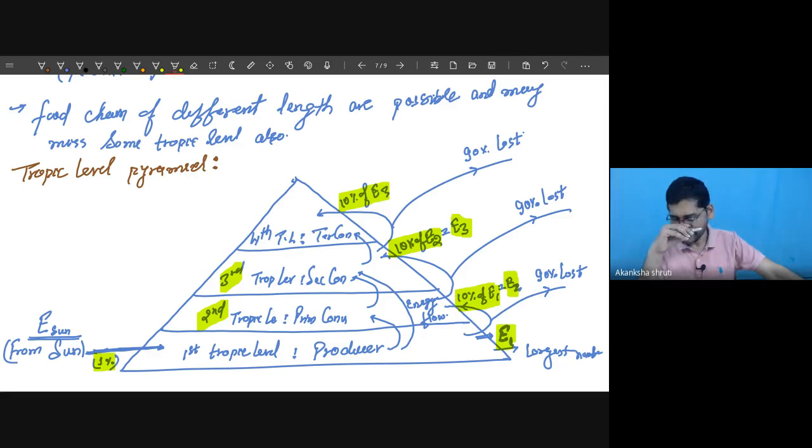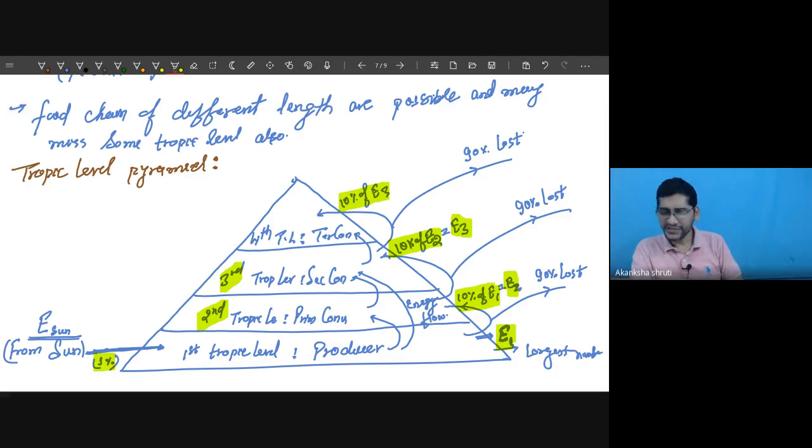So what we are observing, for sustaining the second trophic level, the number of organisms in the first trophic level must be more, so that only 10% of that can reach the second one.